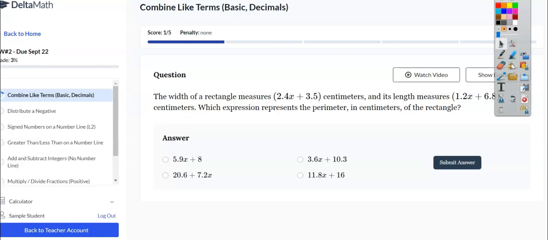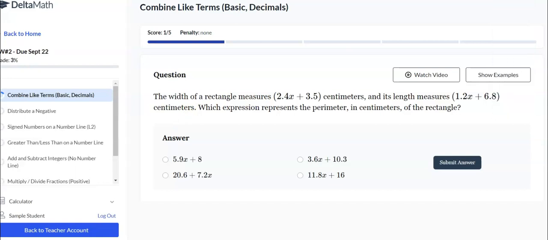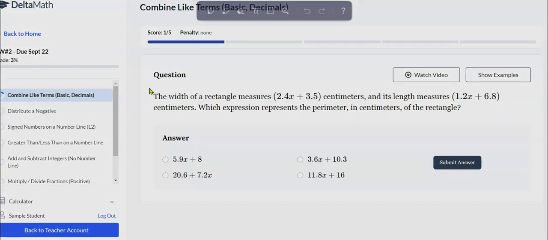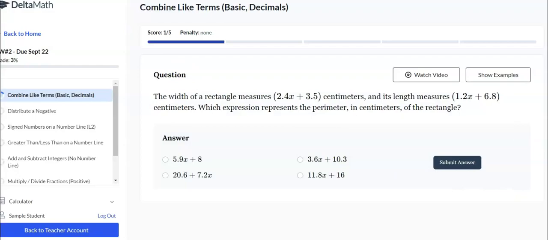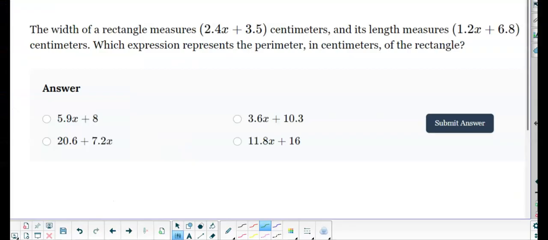Alright, let's take a look at this question here. The width of a rectangle measures 2.4x plus 3.5 centimeters, and its length measures 1.2x plus 6.8. Which expression represents the perimeter in centimeters of the rectangle? So let's draw a quick picture of what we got here.